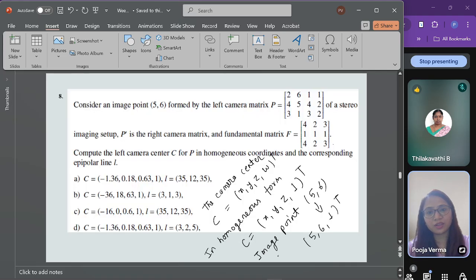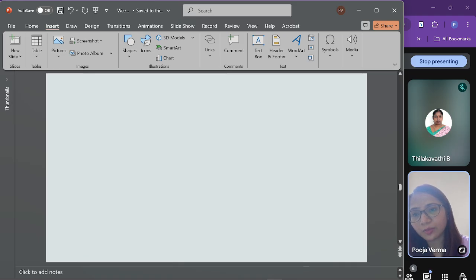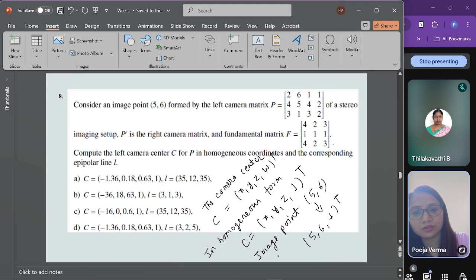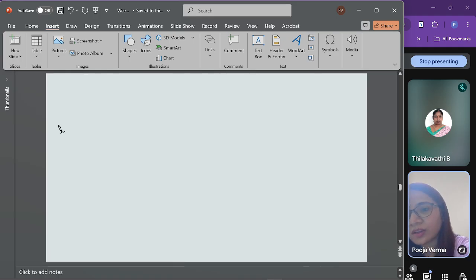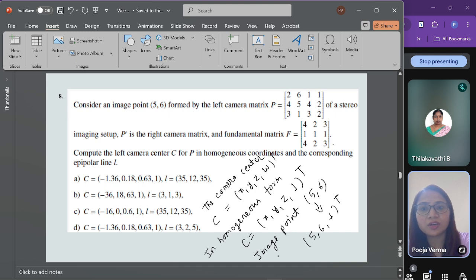So now in the question it is given that we have to compute the corresponding epipolar line L also. Okay, so how can we calculate the epipolar line L? To calculate the epipolar line L in the right image corresponding to the point X, we have to calculate it using the equation F into X. The image point is already given, that is 5, 6.